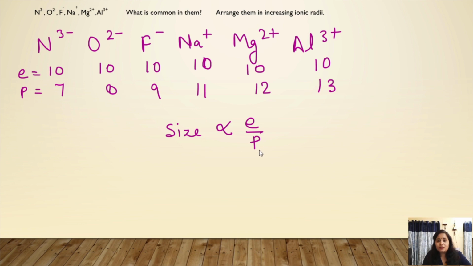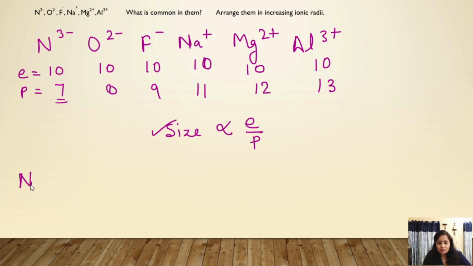The more the protons, the smaller the size. So now according to this rule we can arrange all these things in a sequence. Here this is the smallest number of protons in case of nitrogen. The force of attraction in case of nitrogen ion is very less, so the size will be very large.